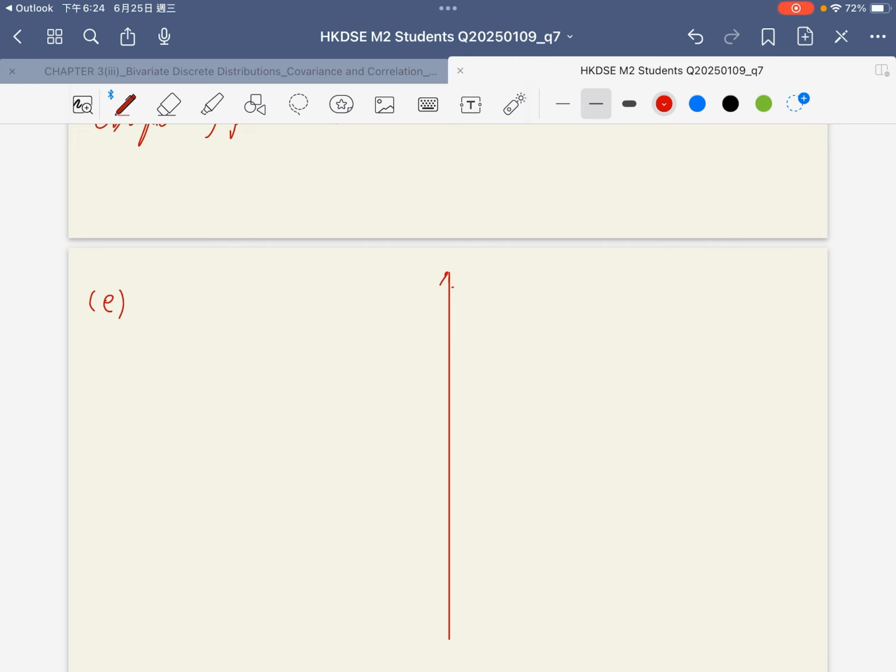First, I draw the asymptotes. There are two vertical asymptotes, which are x equal to negative 2 root 3 and positive 2 root 3, and also one asymptote y equal to 3x.